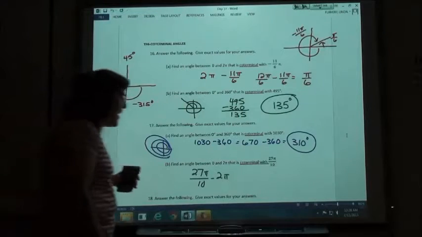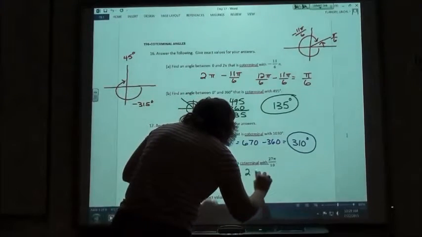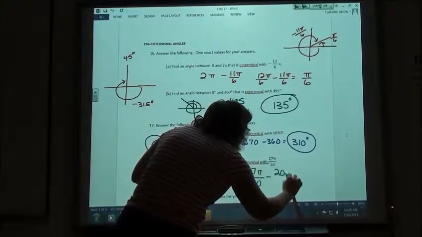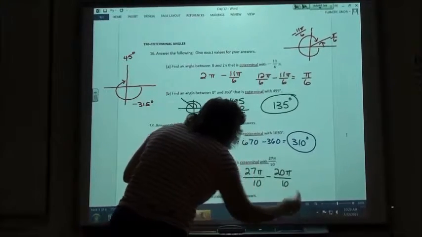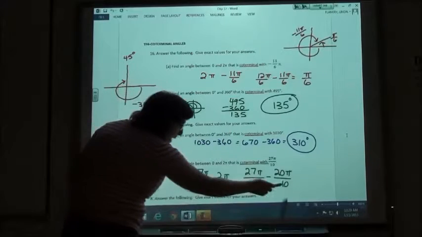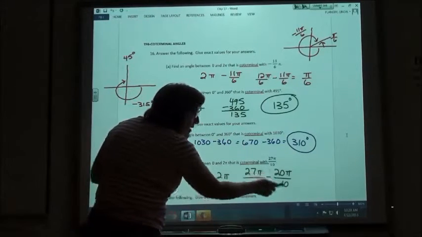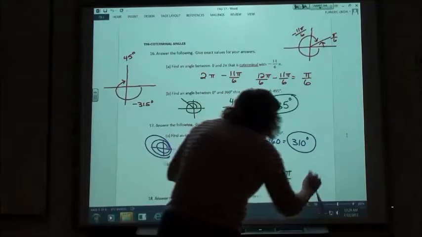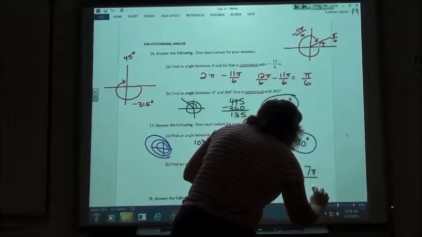In this case, again, I have to find my common denominator. So 27 pi over 10 minus 20 pi over 10, because 10 times 2 is 20. 20 tenths is the same thing as 2. So when I subtract, I get 7 pi over 10.